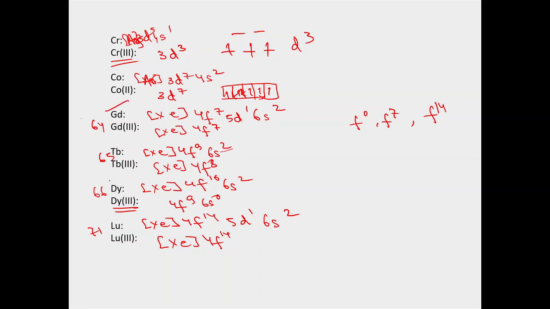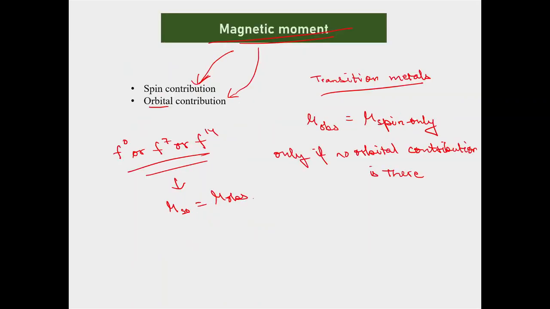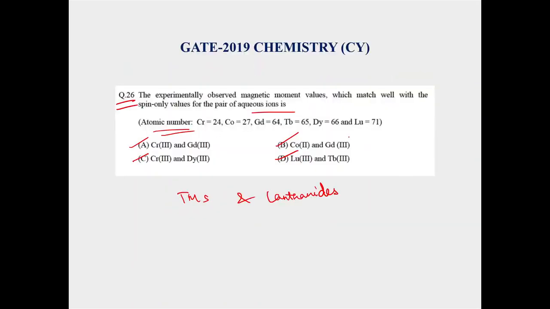That means gadolinium and lutetium, these two will show mu observed equal to mu spin only. So gadolinium 3+ and lutetium 3+.